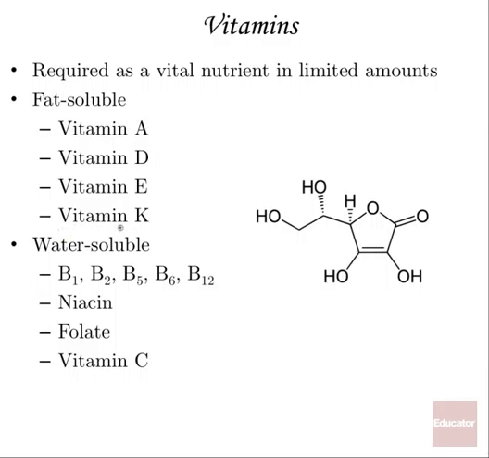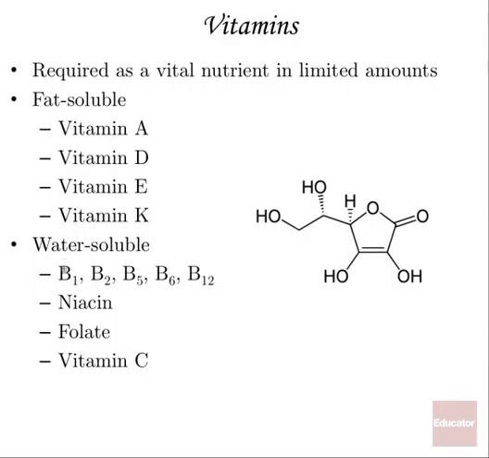Vitamin K helps with clotting factors. If you do not have enough vitamin K in your body, you're talking some kind of blood disease potentially forming. So vitamin K, need that. Water soluble, B1, B2, B5, B6, B12, that's most of the B vitamins. You get these mainly from meat and milk.